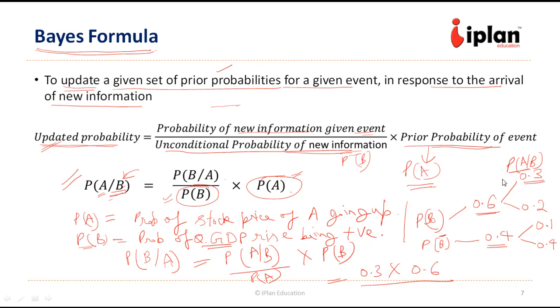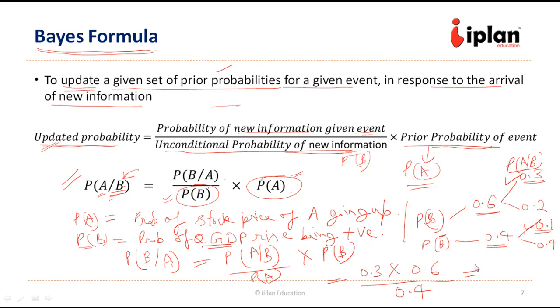There are two cases where A can occur. One is this where the market has gone up. Another is this where the market has gone down. So the probability of A, stock price going up, is 0.3 plus 0.1, which is 0.4. And the probability of stock going down is 0.2 plus 0.4, which is 0.6.